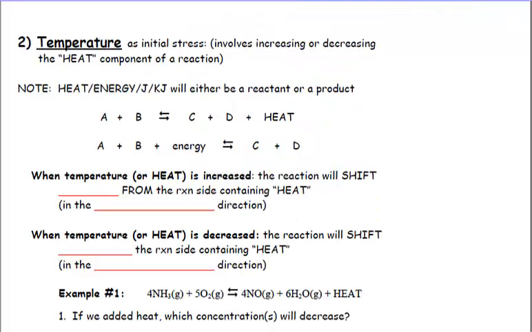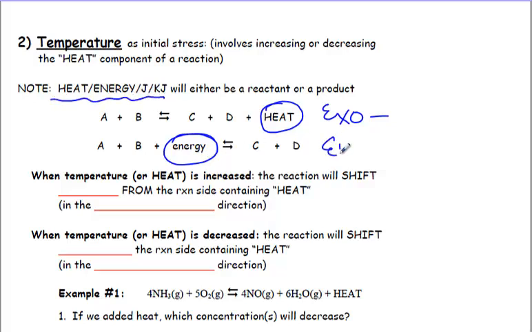Right? Temperature, the initial stress, involves increasing or decreasing the amount of heat component of a reaction. So here, note, heat, energy, joules, kilojoules will either be a reactant or a product. So in this case, you could see heat as a product, so this is exothermic. Okay? And on this side, you see energy, or it might say heat, it might say joules or kilojoules. These are the things that you're looking for.